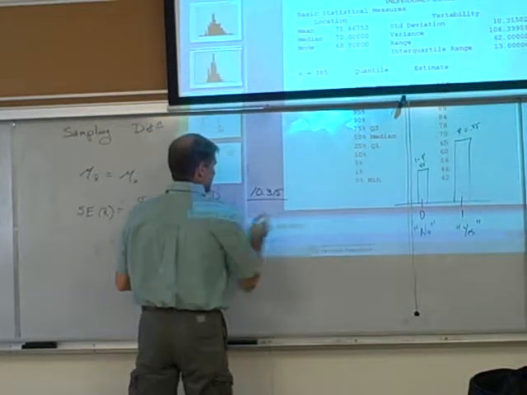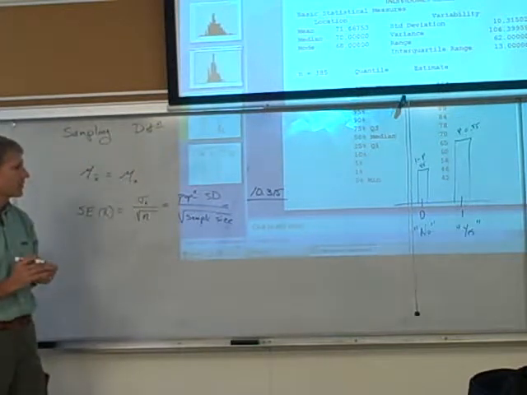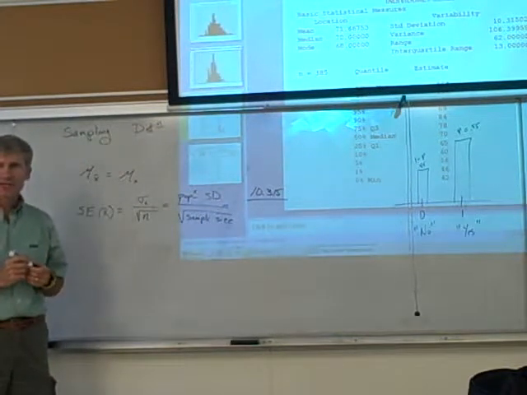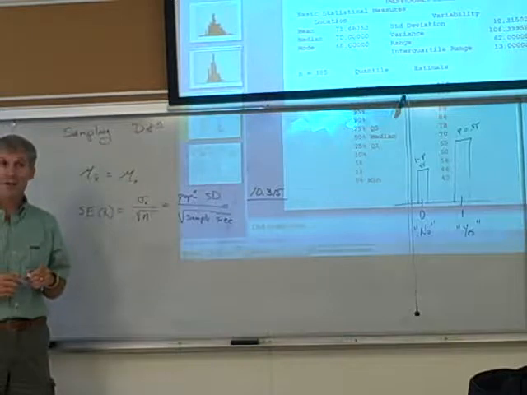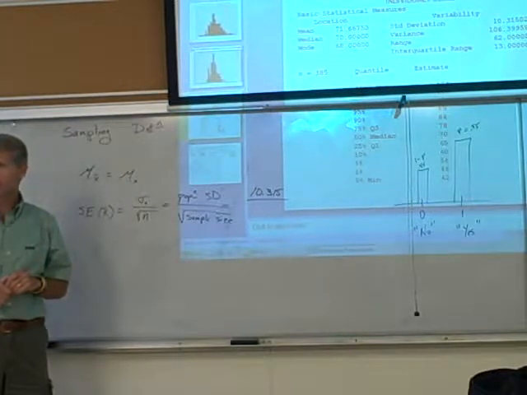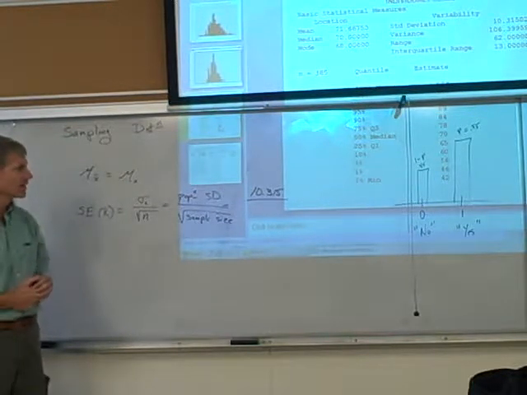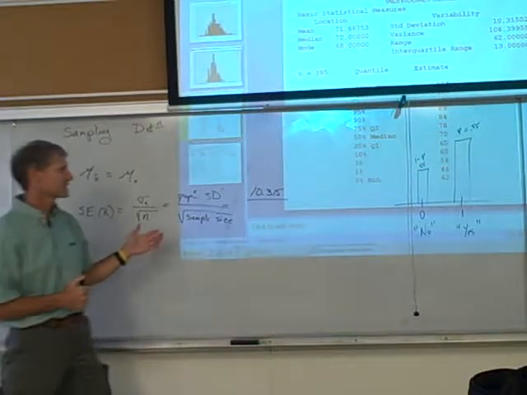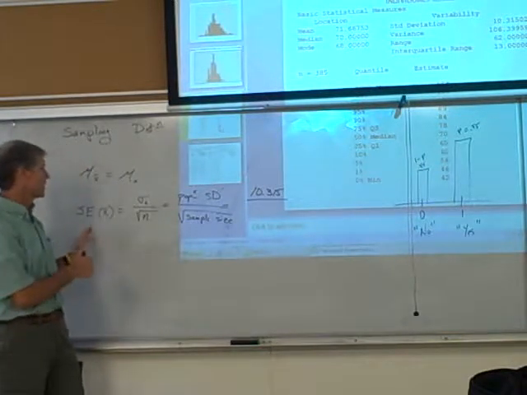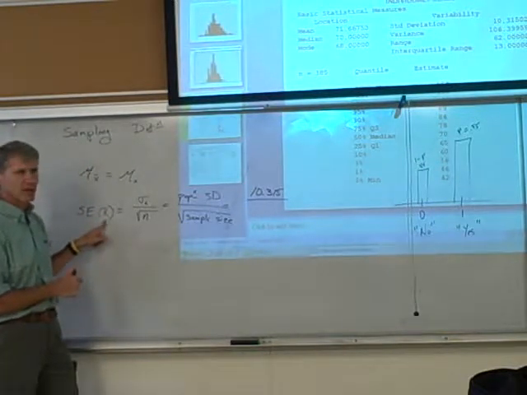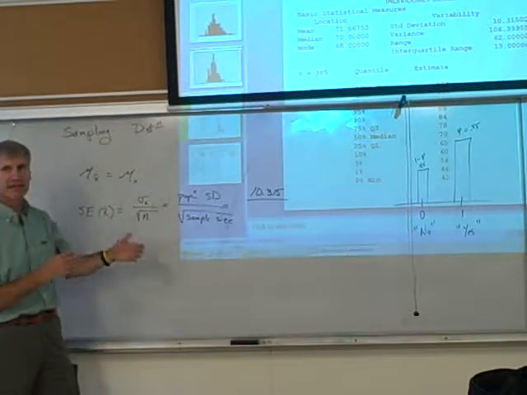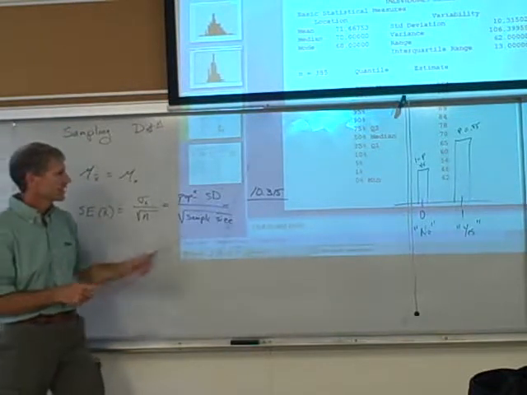If I divide that by the square root of the sample size, I should get the standard error for sample means, which is also, another way to think of that, the standard deviation of all the possible values of x bar that you could get back. It's the spread in that distribution. So what do I divide by?